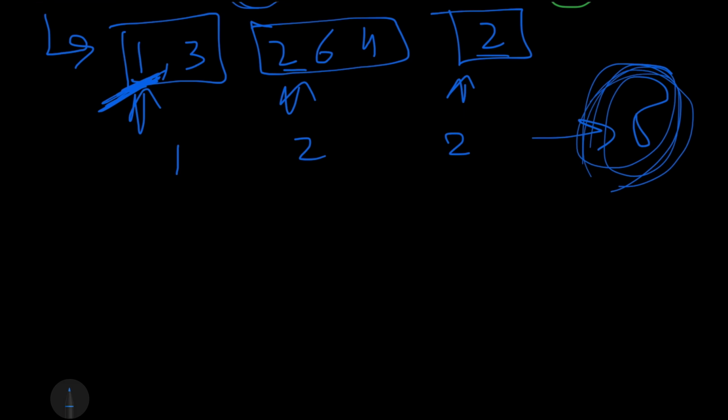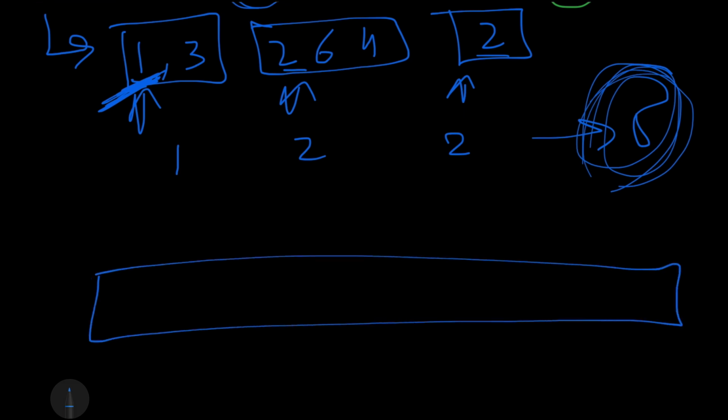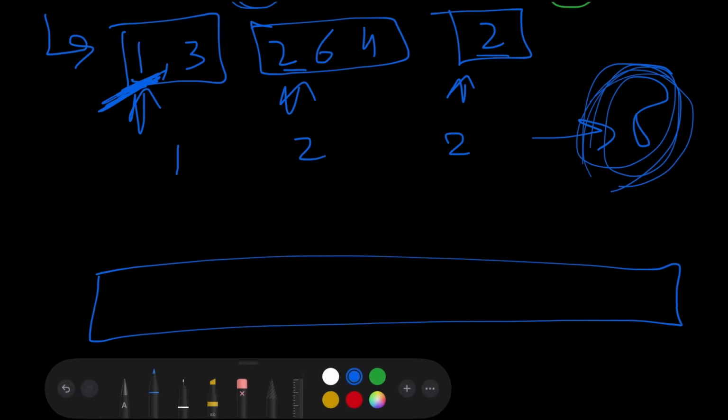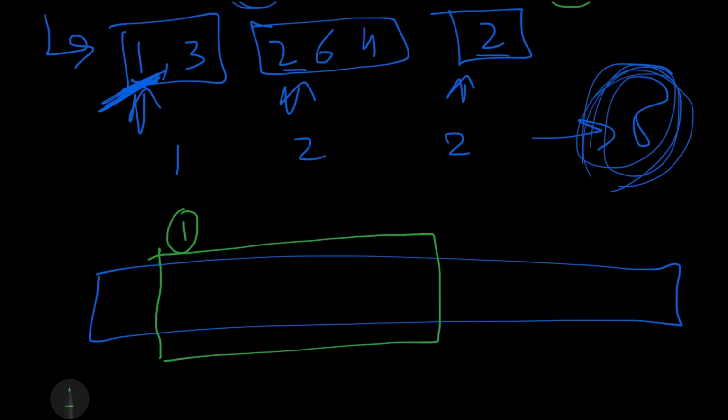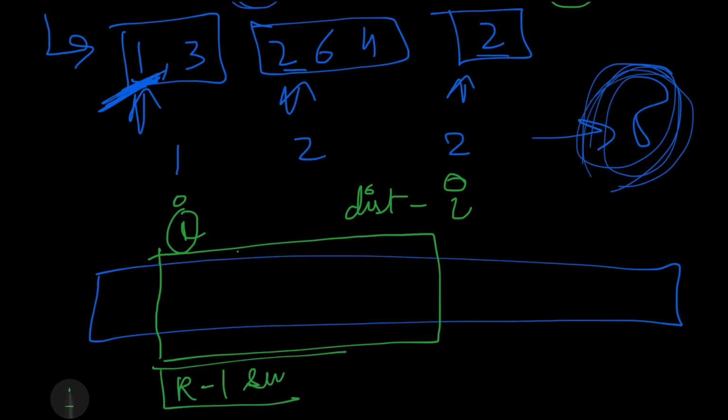So the problem is that whatever our array nums is, we have to start from the first index and go till distance minus the first index. Suppose this was the ith index, distance minus the ith index, and we will have to find the k minus 1 smallest elements in this window.